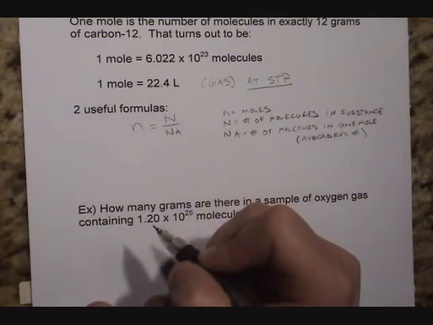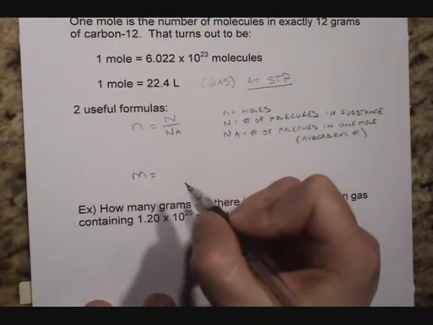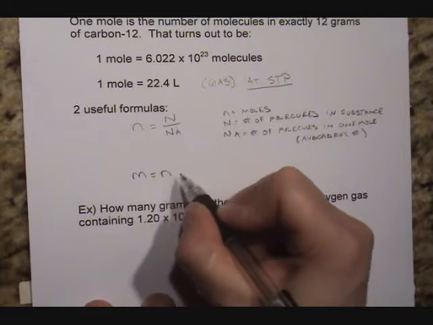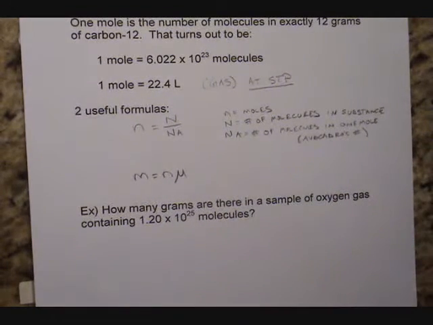Second useful formula relates the mass of a substance, the overall mass of the substance, to the number of moles and the mass of 1 mole, the molar mass.